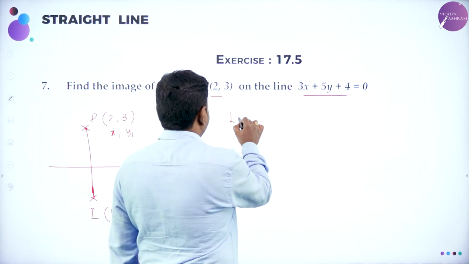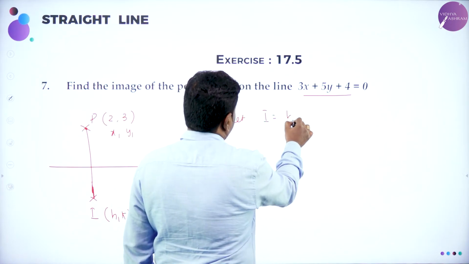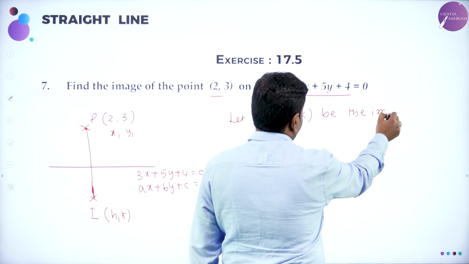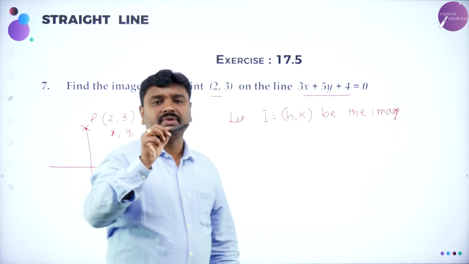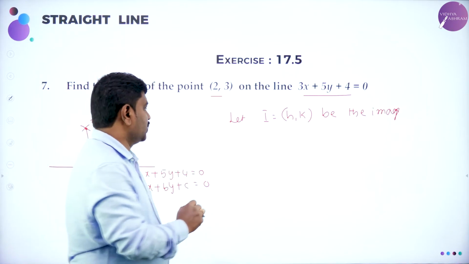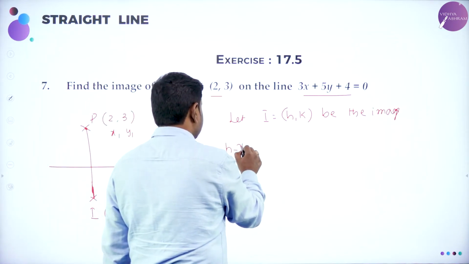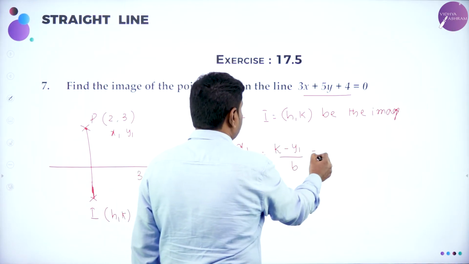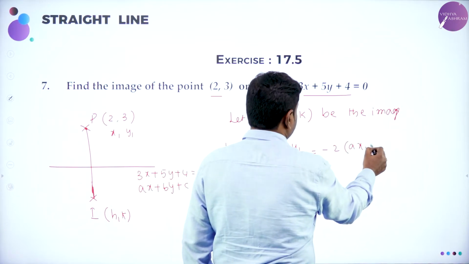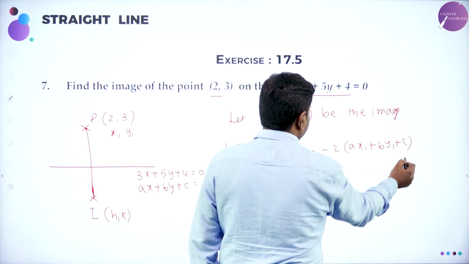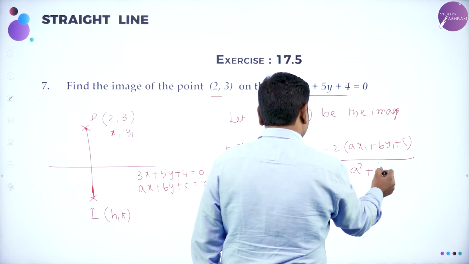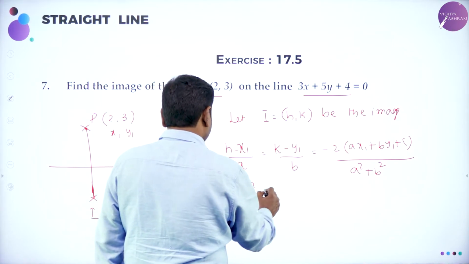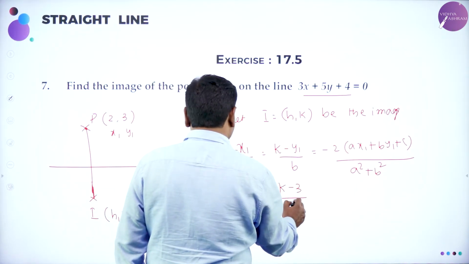So let I equal to (h, k) be the image, and to find the image we use the formula: (h minus x1) divided by a is equal to (k minus y1) by b is equal to minus 2 times (ax1 plus by1 plus c) divided by (a square plus b square). Simplify this. (h minus 2) by a, what is a? 3. (k minus 3) by b, what is b? 5.